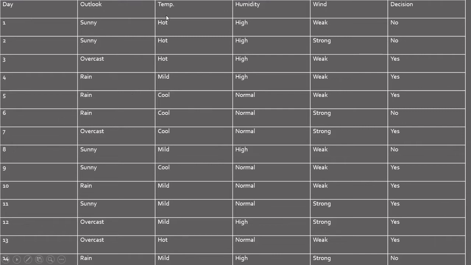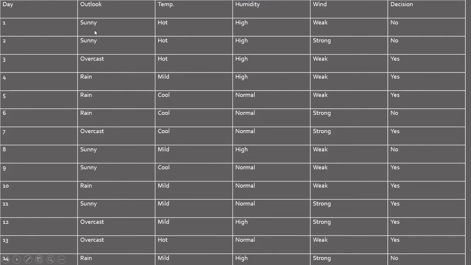When you come to temperature, here also 3 values exist: hot, mild, and cool. Humidity has only 2 values: high and normal, so this is a binary one. Wind is weak as well as strong.